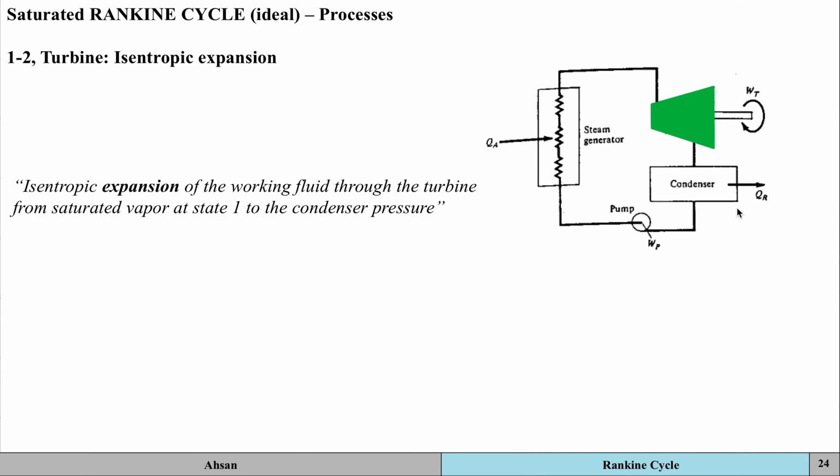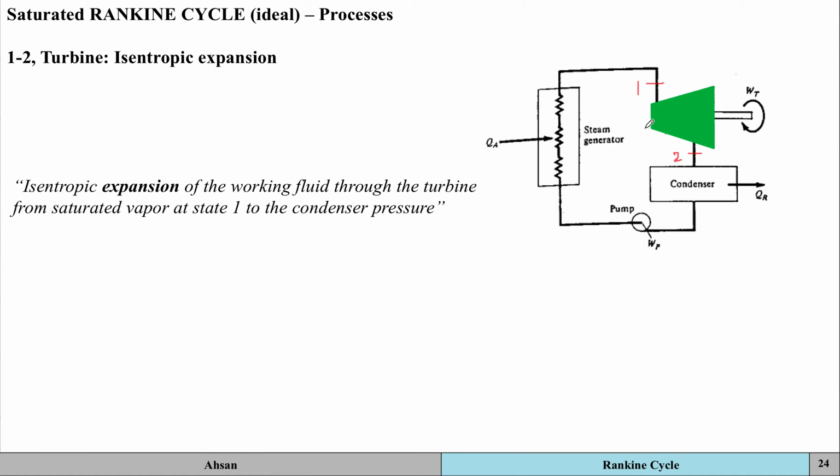So now we can go ahead and look at the Rankine cycle, the ideal Rankine cycle. Right now we're not looking at the actual Rankine cycle. So for an ideal saturated Rankine cycle, there are 4 reversible processes taking place. Process 1 to 2 is taking place across the turbine. Okay, so you've got state 1 over here, and state 2 over here.